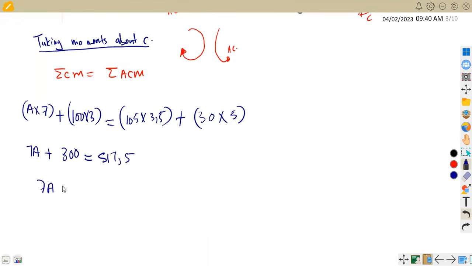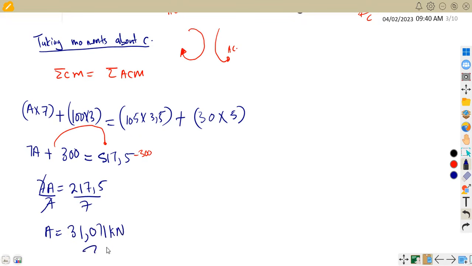So 7A is equivalent to, if we transpose 300 to the other side of the equation, minus 300. 517,5 minus 300 is going to be 217,5. So to find A, divide by 7 on both sides. This is going to give us the exact value of A, that is 31,071 kilonewton.